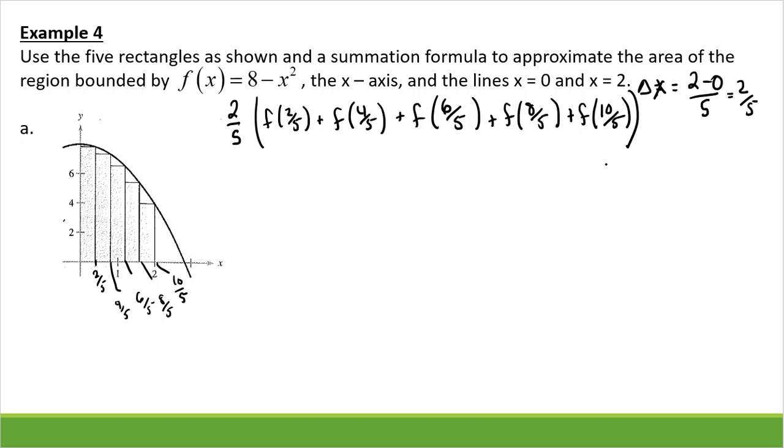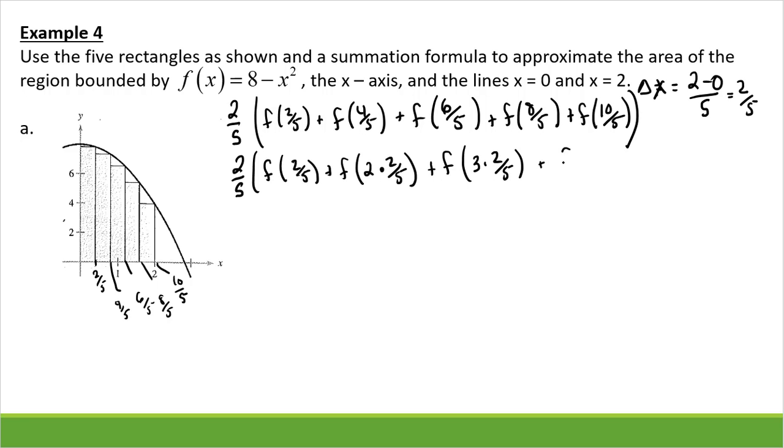So I have the 2/5 times f of 2/5 plus f of 2 times 2/5 plus f of 3 times 2/5 plus f of 4 times 2/5 plus f of 5 times 2/5.